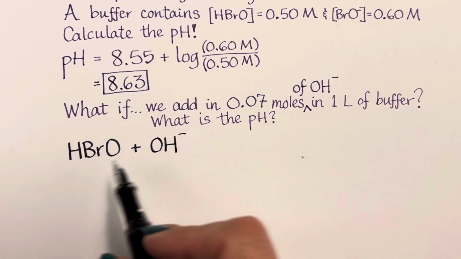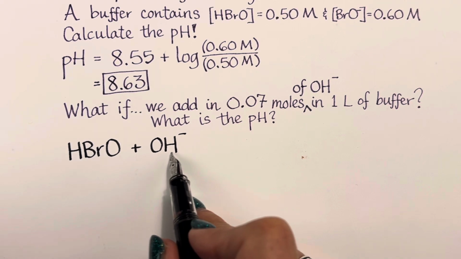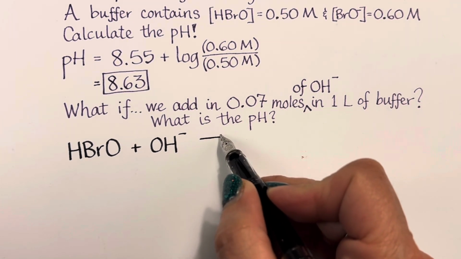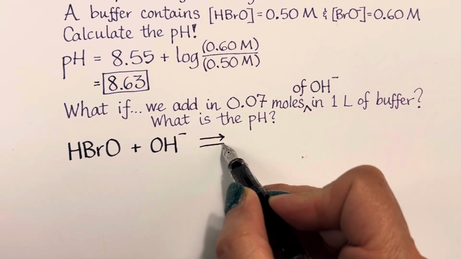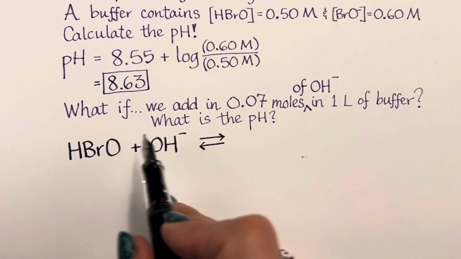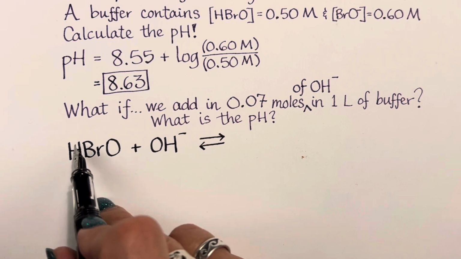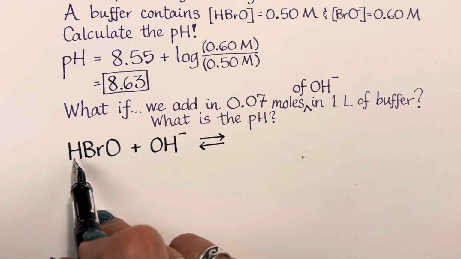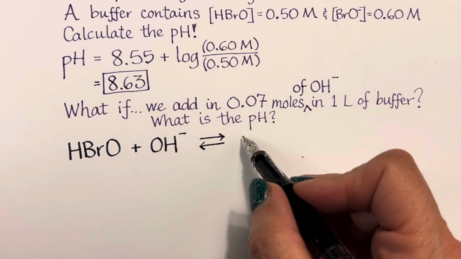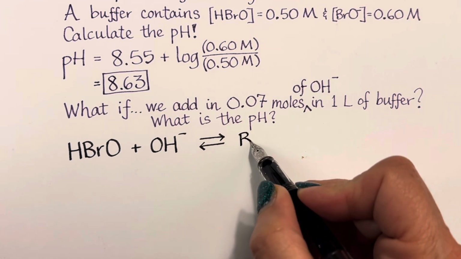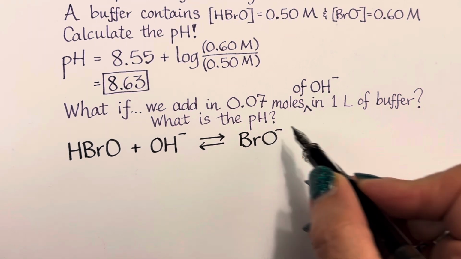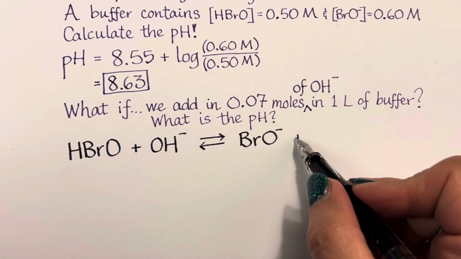So you're going to put the weak acid and the strong base reacting together. What happens when we do that? This strong base will strip off that hydrogen ion from the weak acid. That will leave behind the conjugate base, and it will create water.